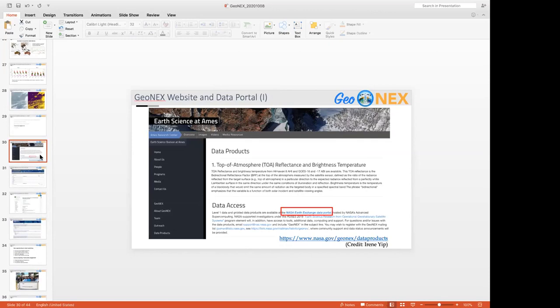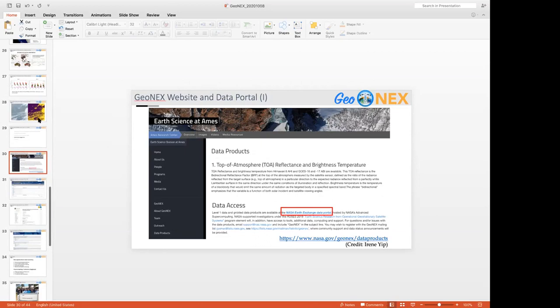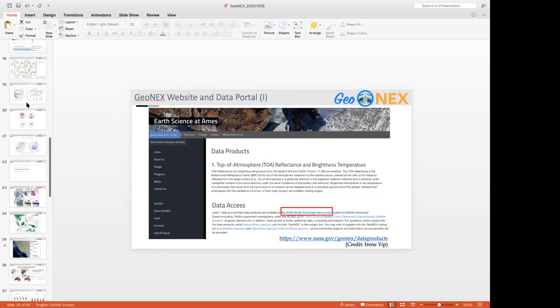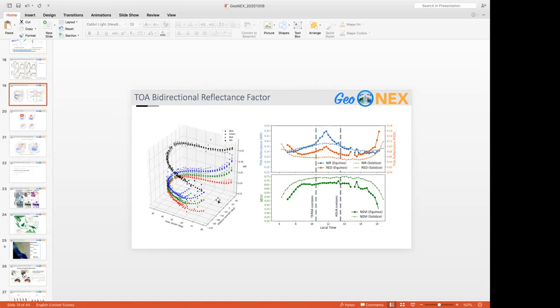For instance, to visualize the data and to extract time series. If you're interested in some point, you can extract the time series and do some basic analysis as I showed here, for instance compositing and calculating NDVI or EVI, or even showing something like this, the BRDF. These Python scripts are available, and we're trying to provide them as a module so you can use them directly. So far, we use Python because it's open source.